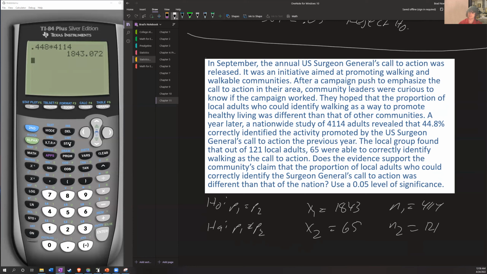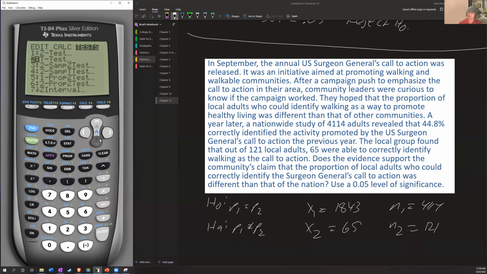There we go. Stat tests to prop z test, or proportion z test if you prefer. And then it's just as simple as plugging in our values and noting we're looking at a two-tailed test here.